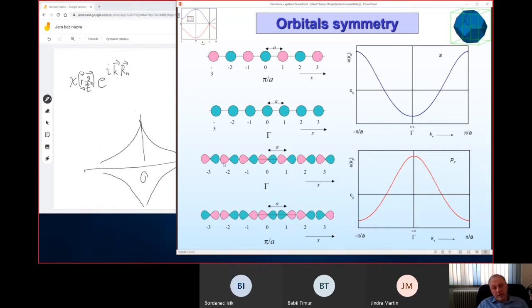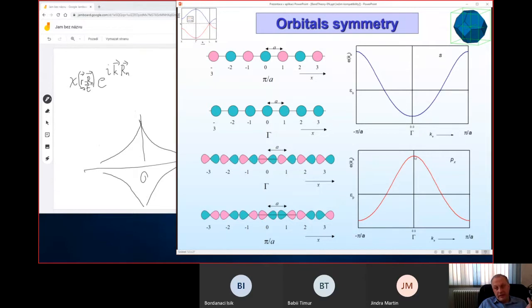Now if you look at other types of orbitals with different symmetry, the bonding and anti-bonding character can change. If we consider the p orbitals which are oriented along the linear chain axis, then if we are at the gamma point, that means all p orbitals have the same sign, no matter whether we are in an even or odd unit cell. The interaction between the nearest neighbor lobes is anti-bonding.